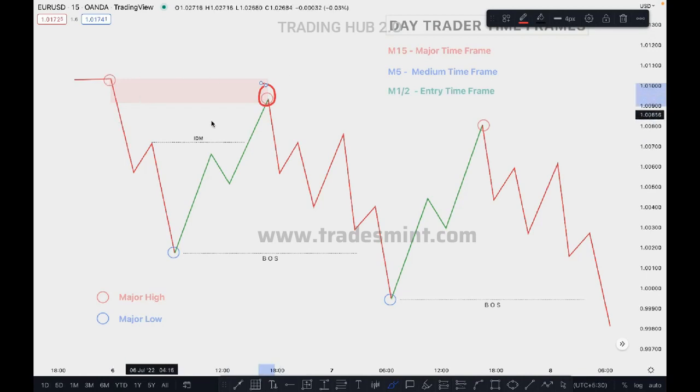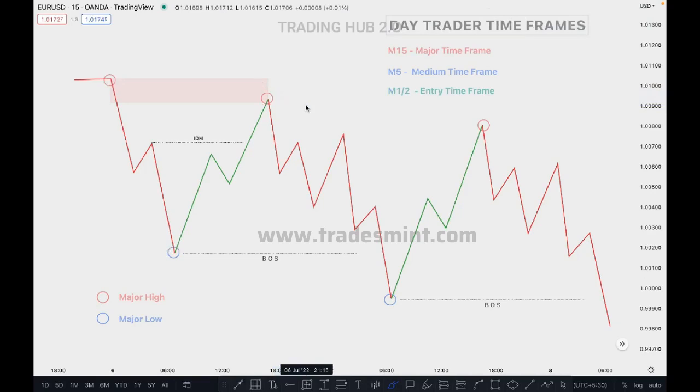This one is our M15 major high or low: the market broke the structure, took out this inducement and tapped on the supply zone. Then you have to follow the entry time frame, which is applicable here. Correct. So this is our first scenario when we can apply entry time frame 1.